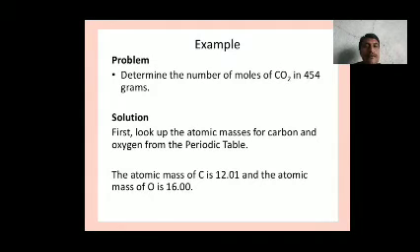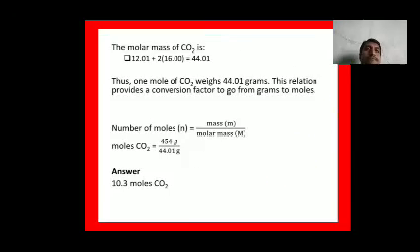Solution. First, look at the atomic mass of carbon and oxygen from the periodic table. The atomic mass of carbon is 12.01 and the atomic mass of oxygen is 16.